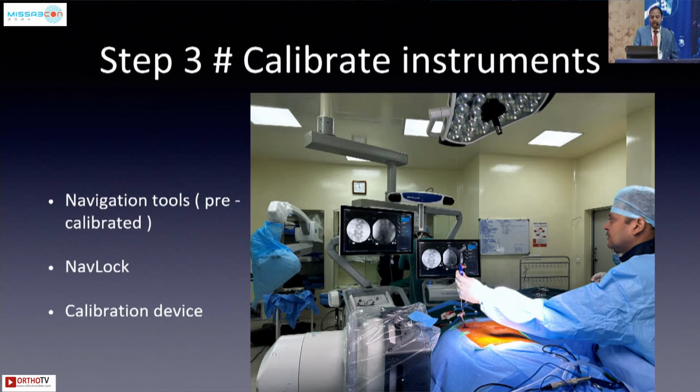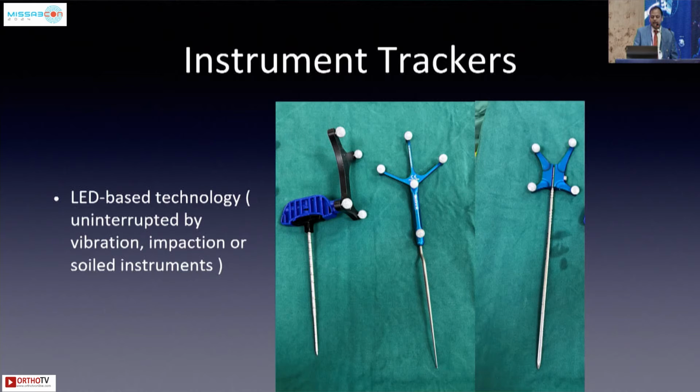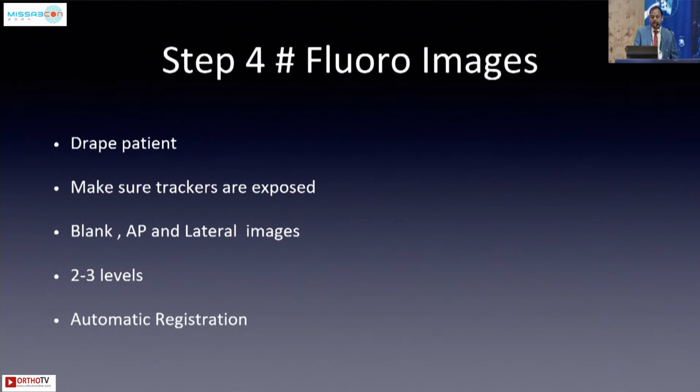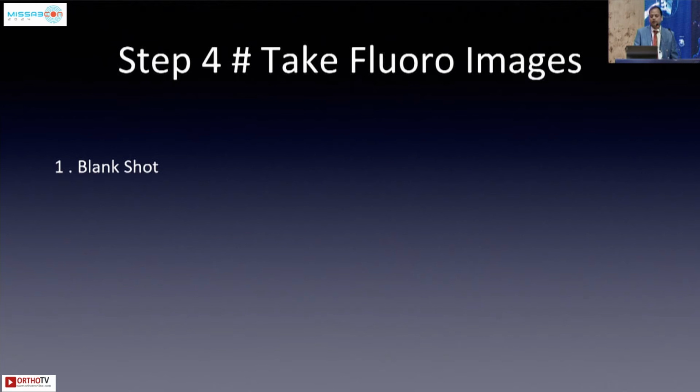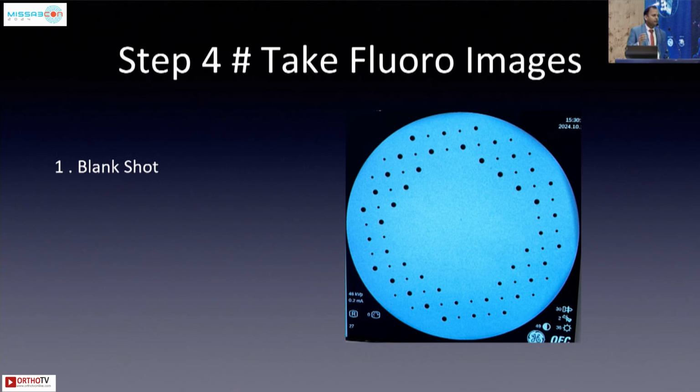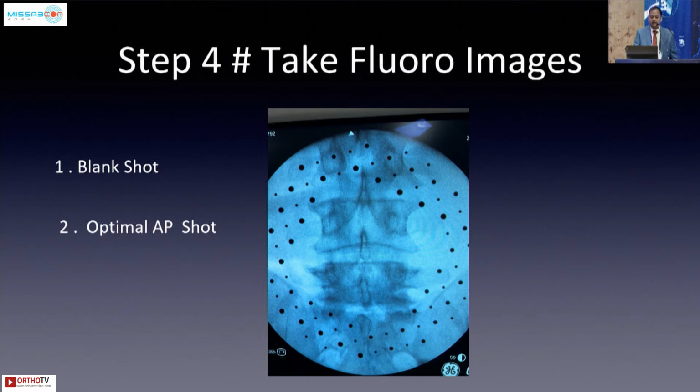Then I calibrate my instruments. These are the instrument trackers you have. You drape the patient, making sure the tracker is exposed to the machine. What you need to do is shoot a blank X-ray first, and second, the optimal AP shot.